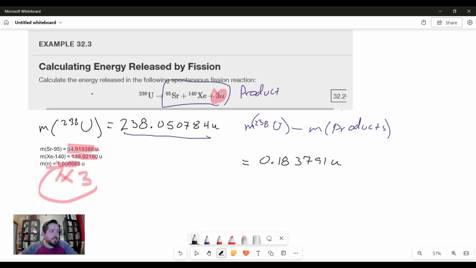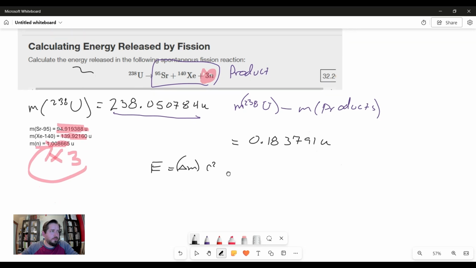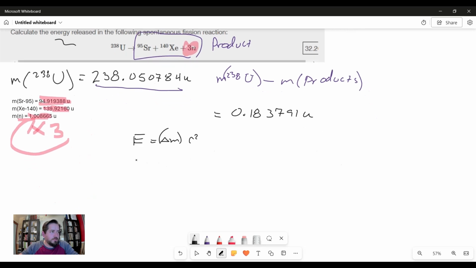So they asked for the energy. We needed that because in E equals delta m c squared, we now have the delta m. So that is equal to this mass, 0.183791 U. I'm going to convert it out of U by multiplying it by 931.5 mega electron volts per U per c squared.